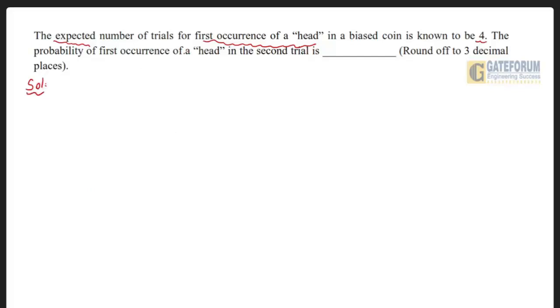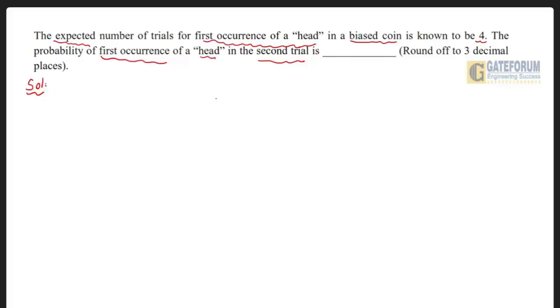This is a head and tail coin problem, biased coin. We are going to find the probability of first occurrence of head in second trial. Biased coin, these are the key points. For an unbiased coin, head and tail have the same probability, that is each is equal to half. But for a biased coin, it is not mentioned.